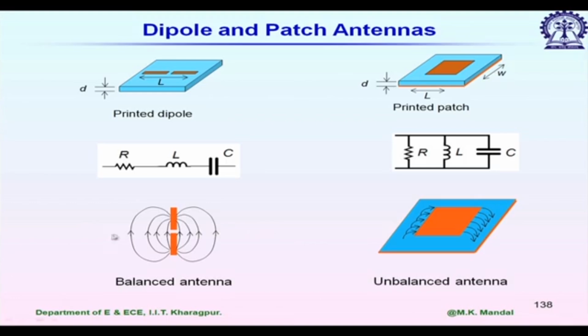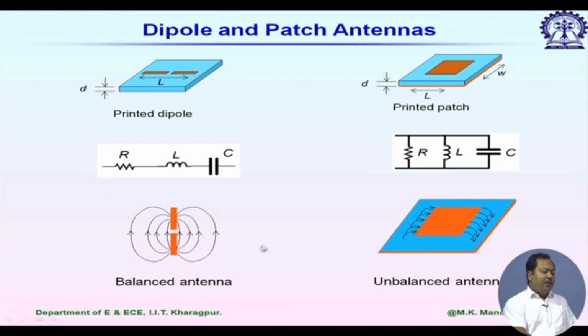Now, if I look at the electric field plot of any resonating dipole antenna, it looks like this. The length of this antenna is lambda g by 2 at resonating frequencies, and the electric field is maximum on the central plane. In the far field radiation, the electric field is parallel to the wire of this dipole antenna.